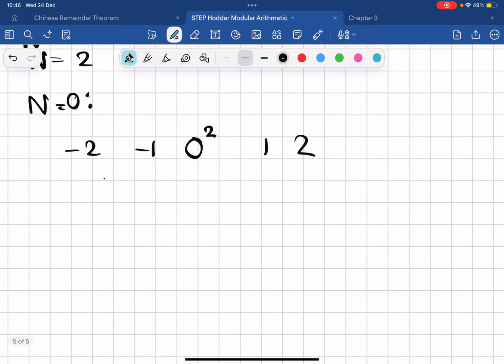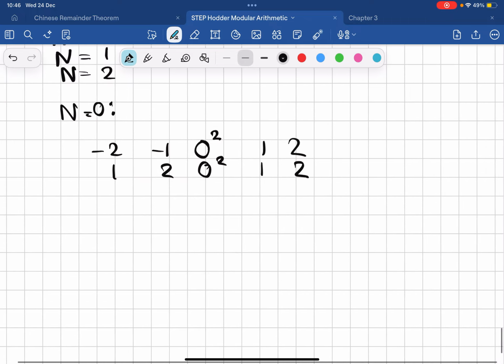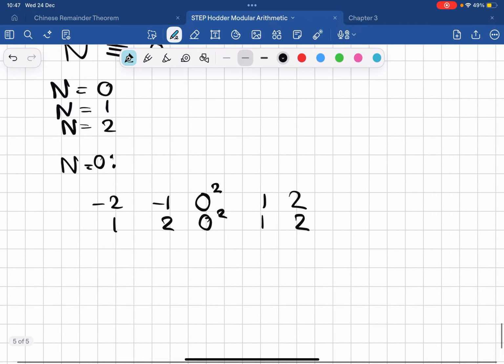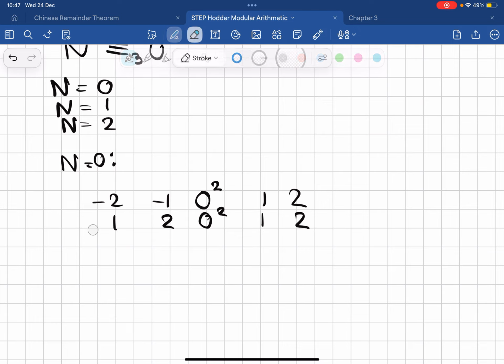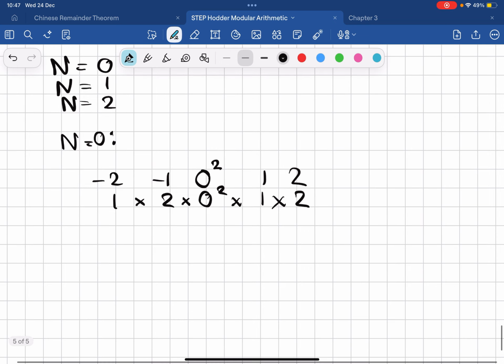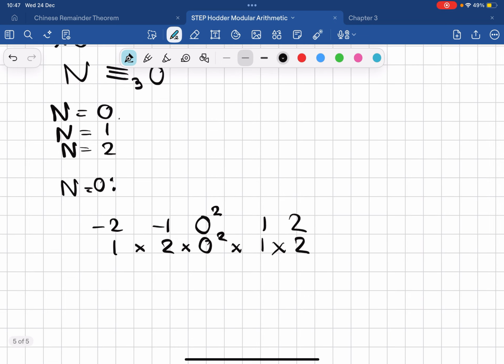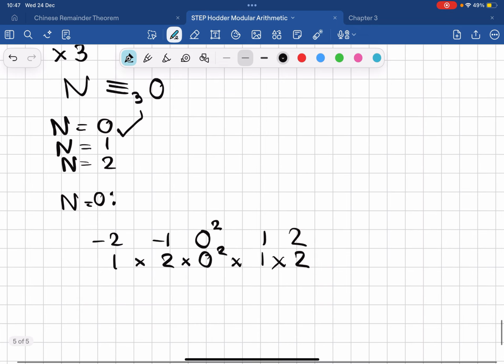You can also write these minus terms as 1 and 2, because they are congruent when using mod 3. Now this expression here is congruent to 0 because we just times it by 0. So when n is 0, our congruency expression works.